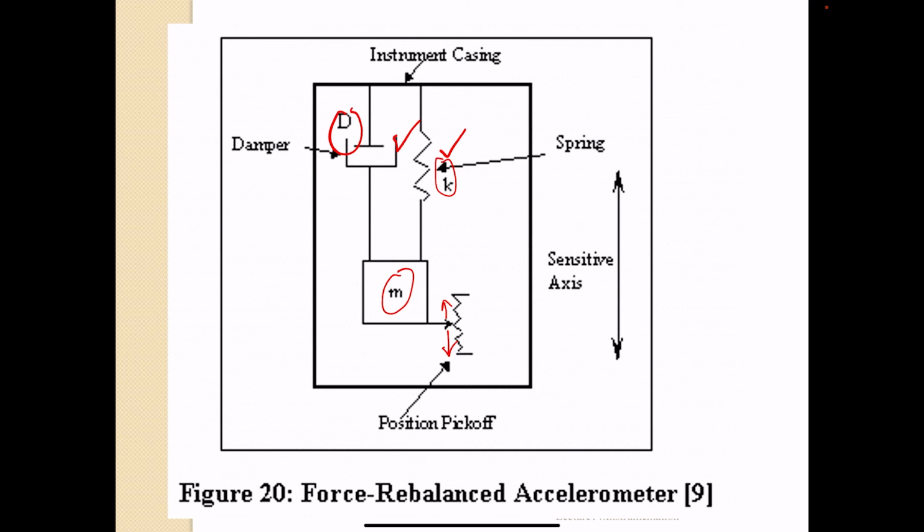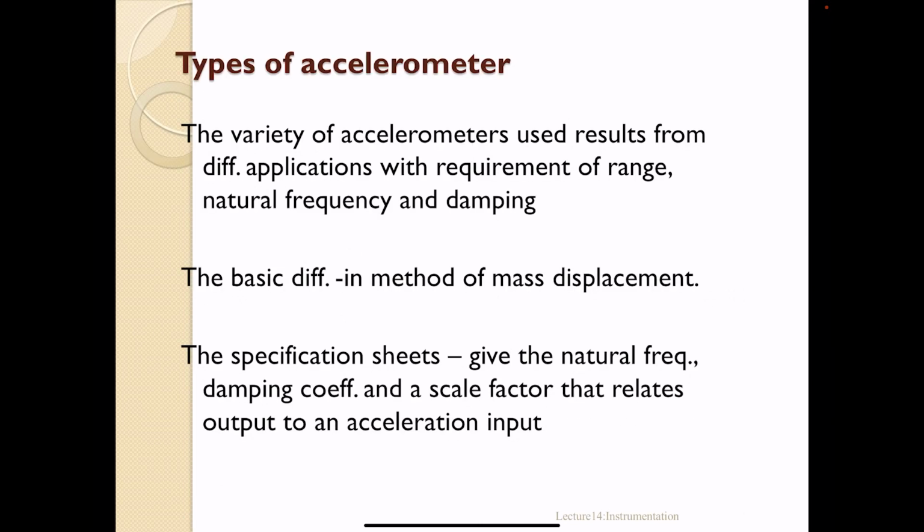Normally, these accelerometers are mainly used to measure rocket launches and other high gravity acceleration applications. The variety of accelerometers is due to the different applications with different range, natural frequency, and damping.